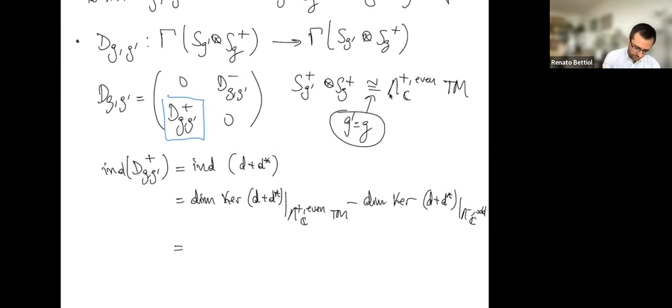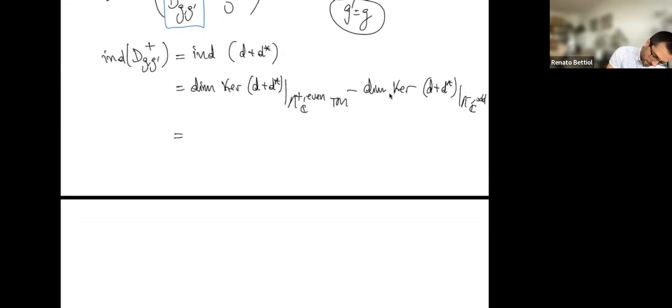If you compute this in terms of Betti numbers on the manifold, this turns out to be 1 plus b plus, the self-dual part of the second Betti number, minus the first Betti number, which is 0 because I'm assuming it's simply connected.